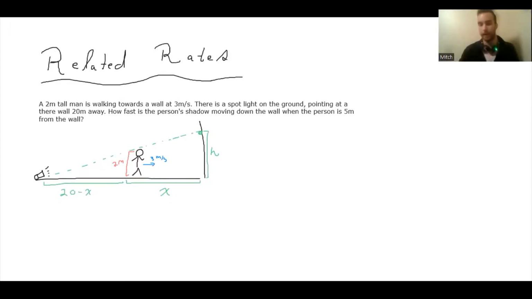And we're given that dx by dt is a constant rate of 3 meters per second. We know that this final x is going to be 5 meters away from the wall.